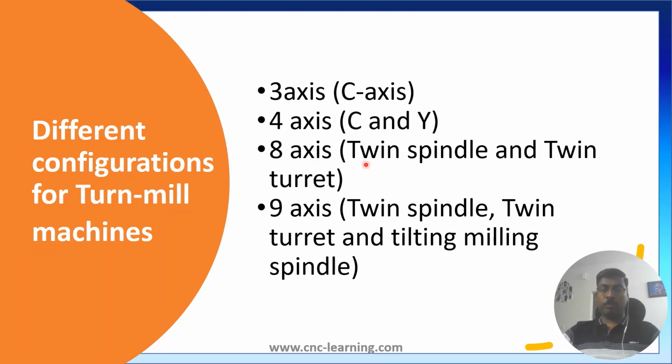There will be 2 spindles and 2 turrets. And for 9 axes, along with the 2 turrets and 2 spindles, there will be one tilting spindle. So the tilting rotary will be the 9th axis.